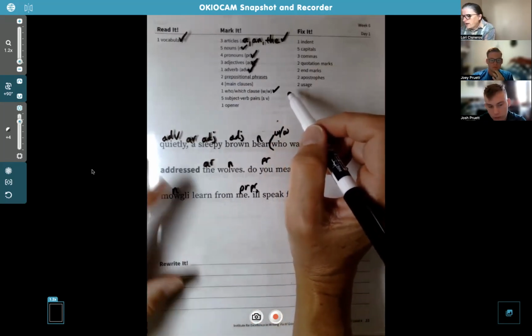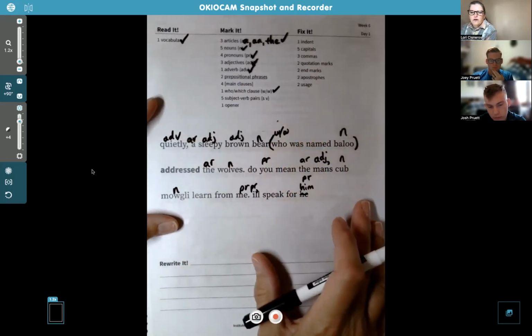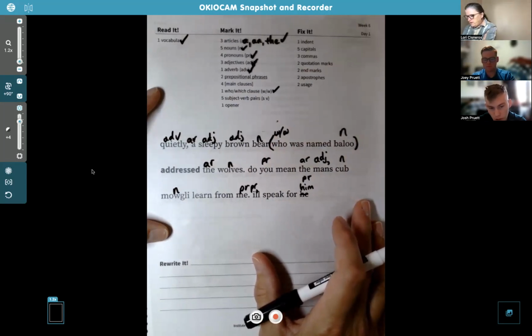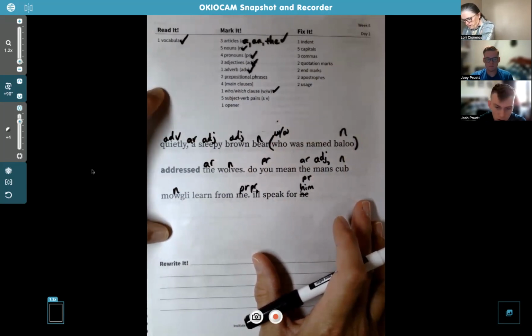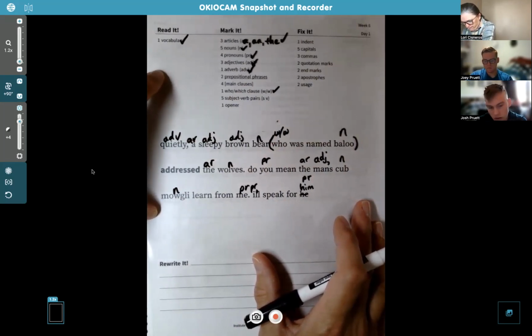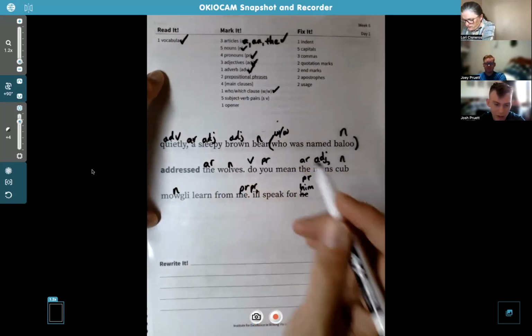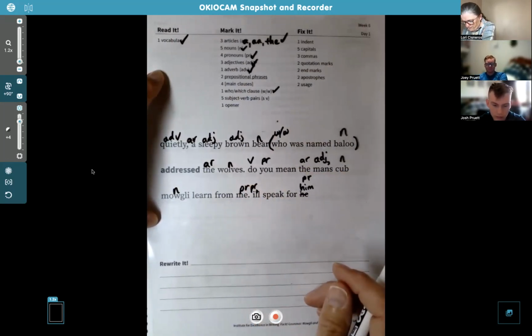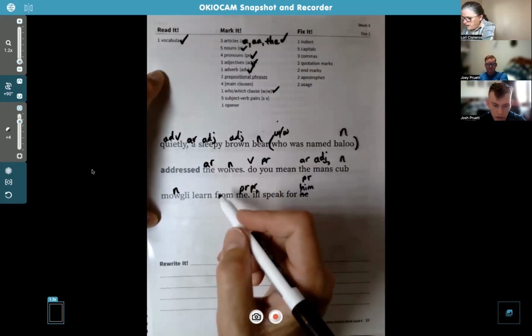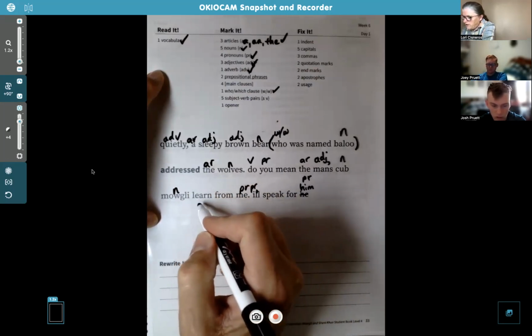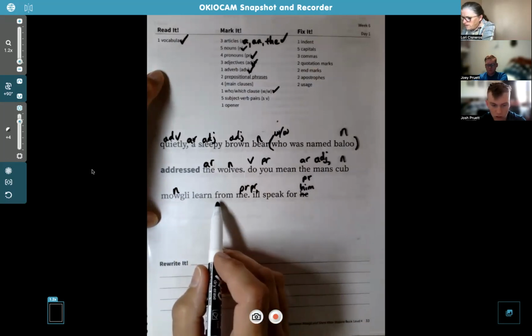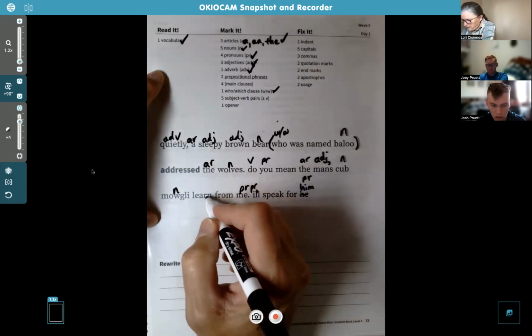Let's go to the verbs next. All of those action words or helping verbs. Yes. That is a verb. Learn. Yes. It actually should be learns. Mowgli learns from me. So let's just fix that.